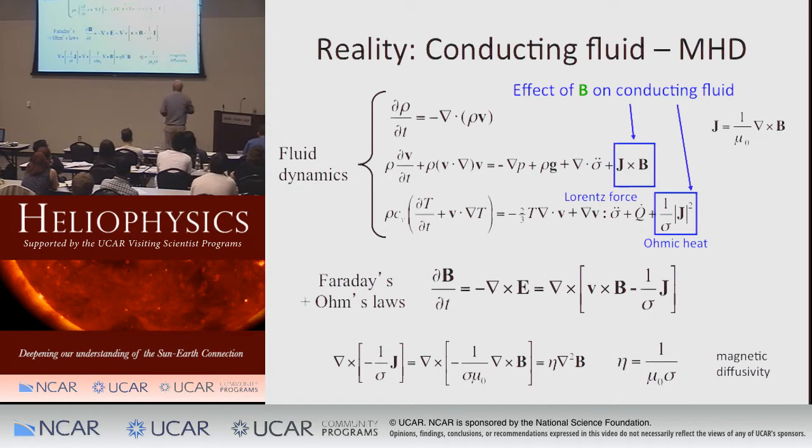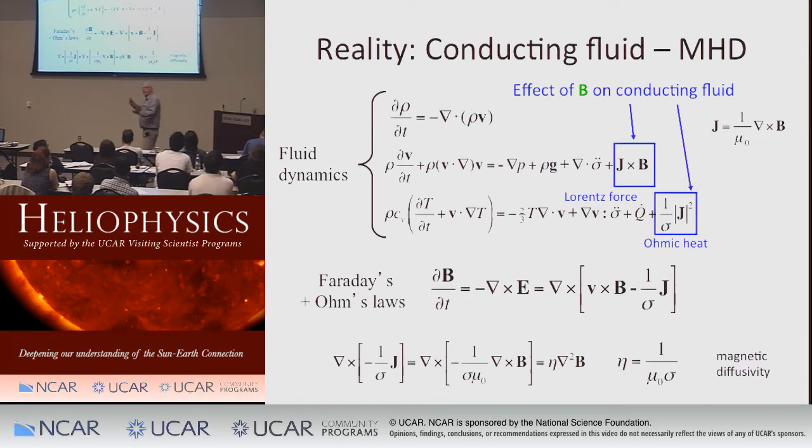Okay? Lastly, in MHD, we have a combination of Faraday's law and Ohm's law. This tells me how the magnetic field responds to the conducting fluid. And I don't want to dwell on this either. Faraday's law, as we all know, is the partial derivative of B equals minus curl of E. Right? That minus sign is Lenz's law.